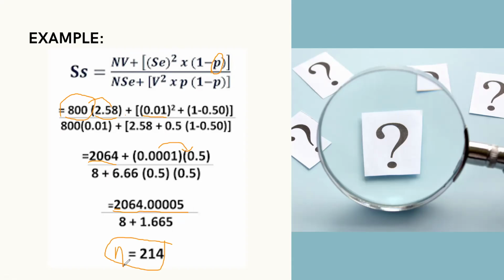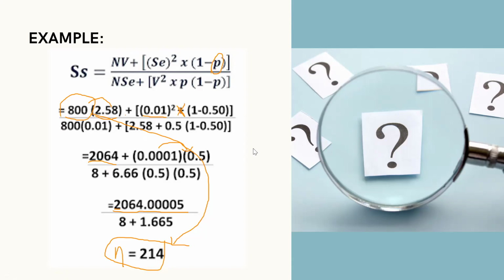So out of the 800 respondents that we have here, you will have a sample of 214 respondents. Please excuse this one. This should be times, because based on the formula, this should be multiplication. So again, using this Calmorin's formula, you will have 214 respondents.